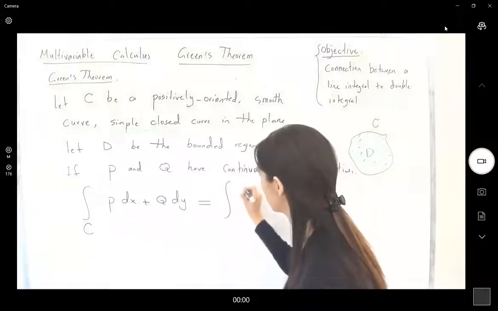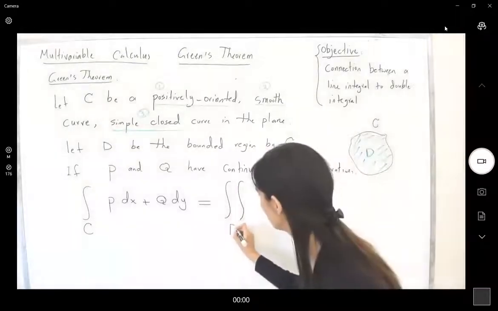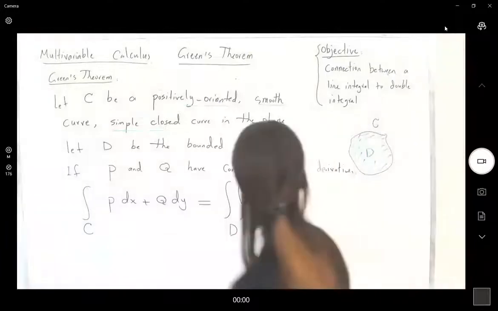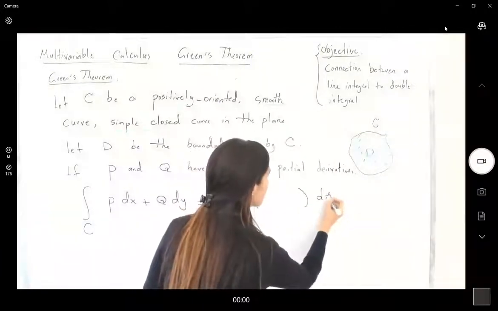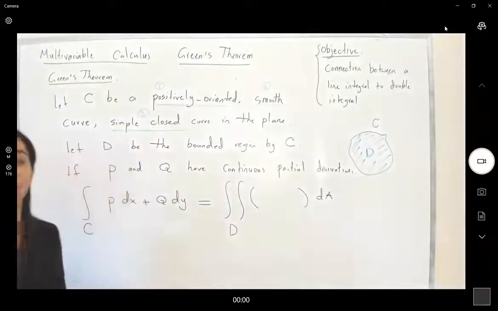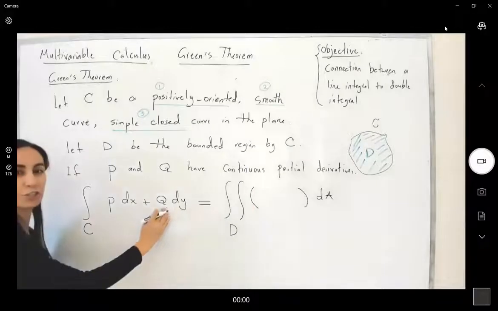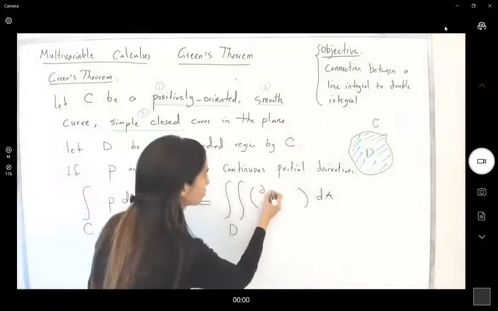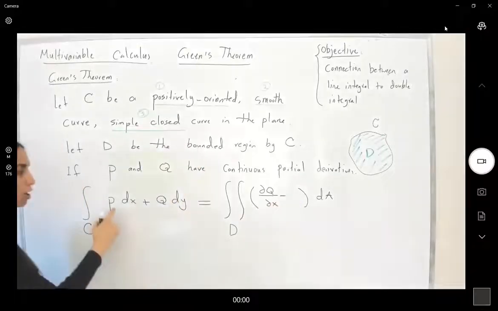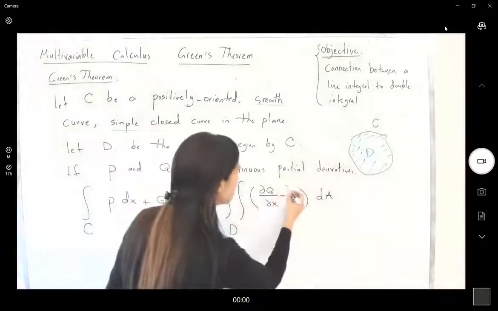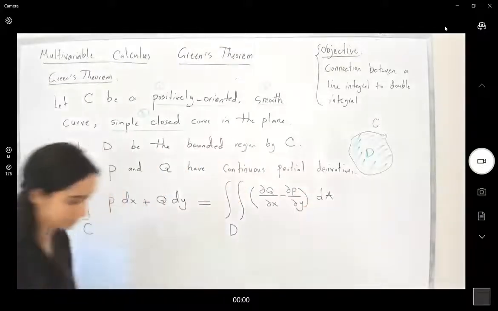Remember that when you're taking the double integral, you're working with region D. So inside the double integral, with dA, dx dy or dy dx, you get partial derivative of Q with respect to x minus partial derivative of P with respect to y.